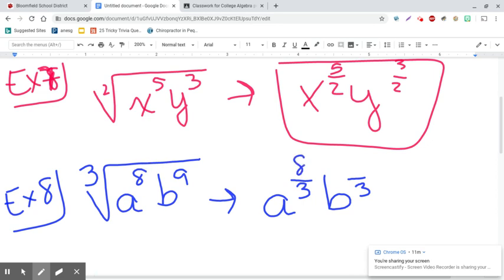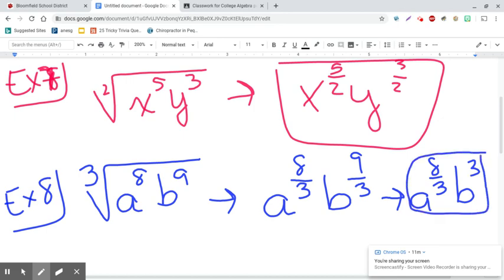So it would be 8 over 3. And B is being raised to the 9th power. But there's one problem with this. You can't divide 8 by 3, but you can divide 9 by 3. So our answer actually is A to the 8 thirds, B to the 9 divided by 3 is 3. So B to the third power. That's its simplified form. We're done.